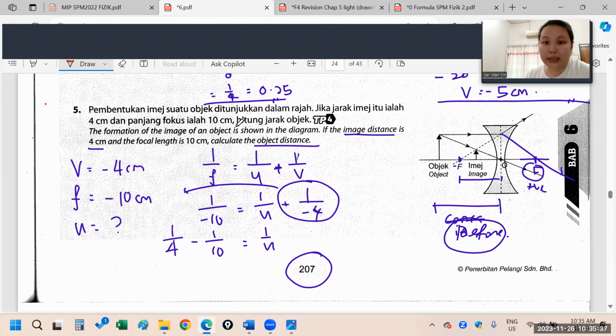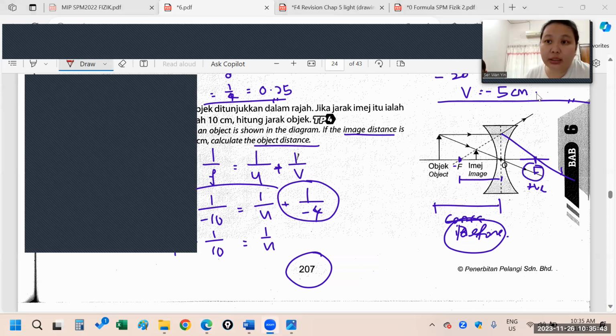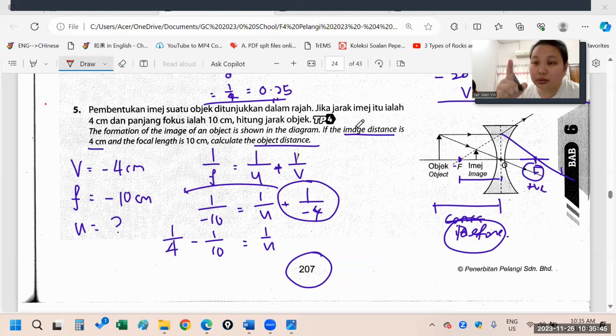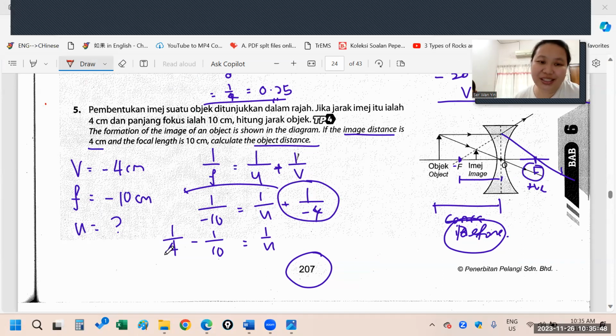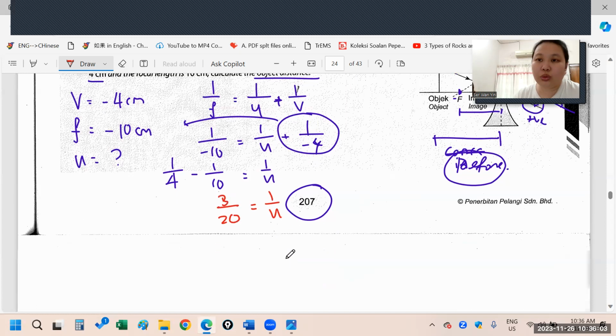Oh, I didn't do something wrong. I forgot, yes, 6.6667, I forgot to change. So 1/4 minus 1/10, we will get 3/20 equals 1/U. Just now I forgot. This is a careless mistake.